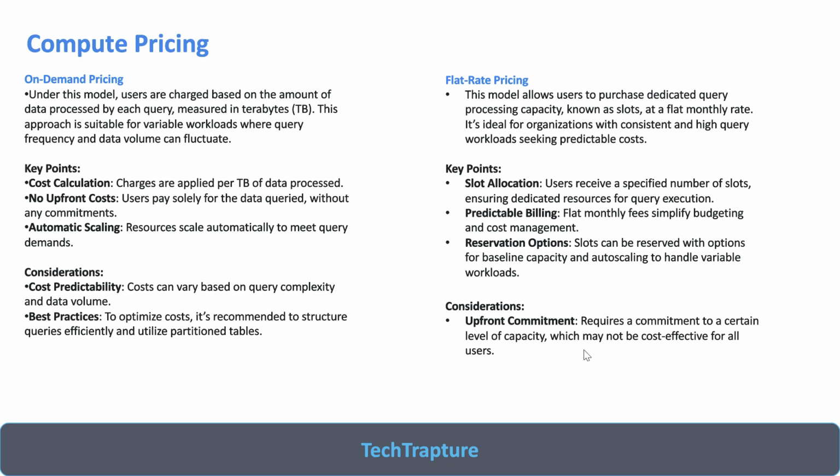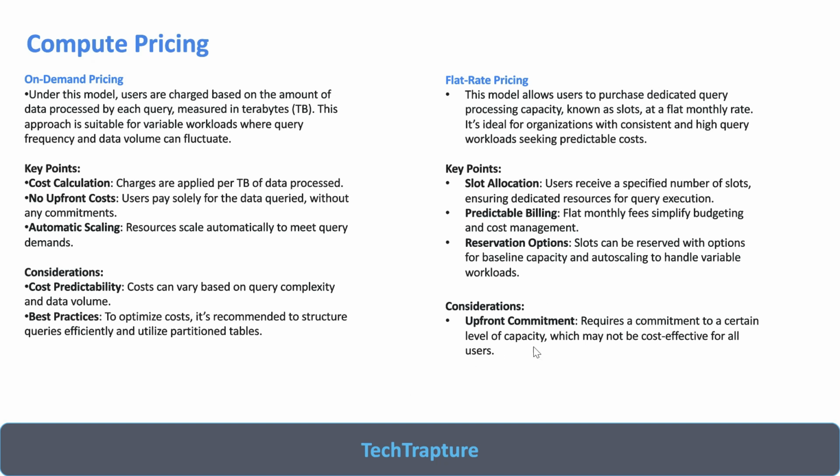Consideration, upfront commitment: you have to commit to a certain level of capacity. As I mentioned, I am committing to 30 days of my stay in the hotel, which is why they provided me the discounted price. Similarly here, if you are going with flat rate pricing, you are paying for the fixed capacity. If you use less, you have already paid the upfront cost.